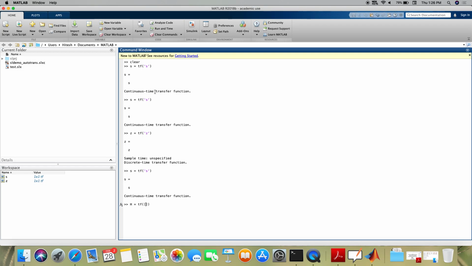So I'm writing this. What was the transfer function? On the numerator it's s square plus s. So it's 1 1 0, right?